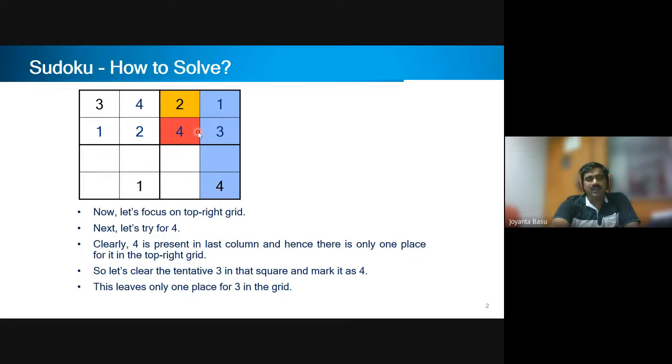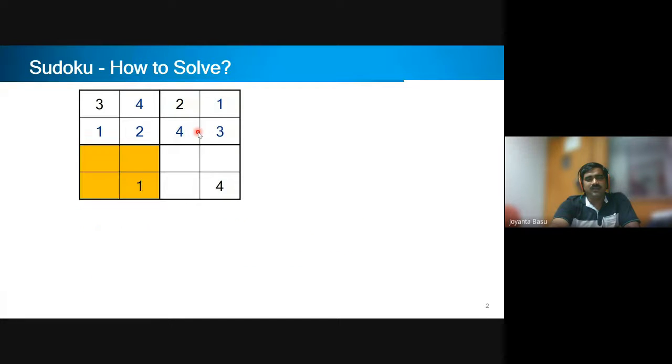Can anybody tell me what goes in this block, this area? Can we write 2 here? No, it's not possible. Can we write 2 here? It may be possible. Can we write 2 here? It is also possible. Is it possible to write 3 here? No, because 3 is already here.